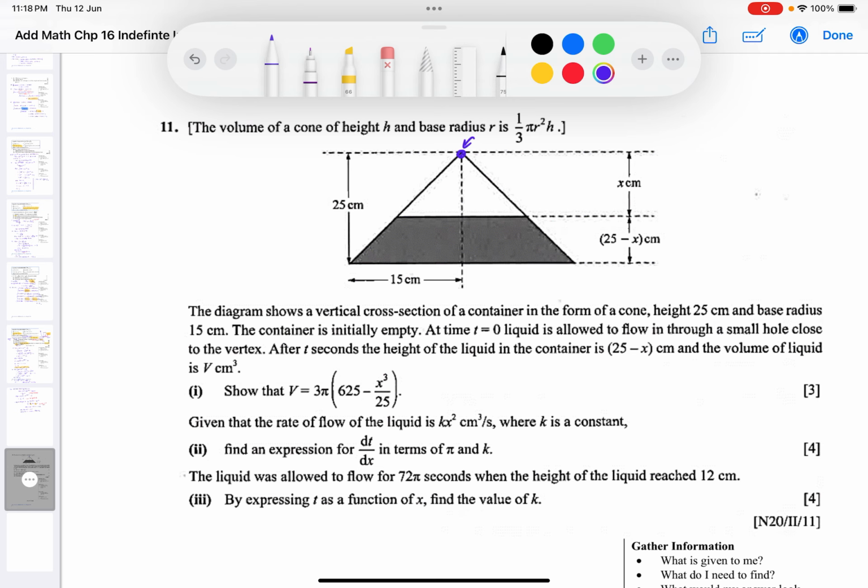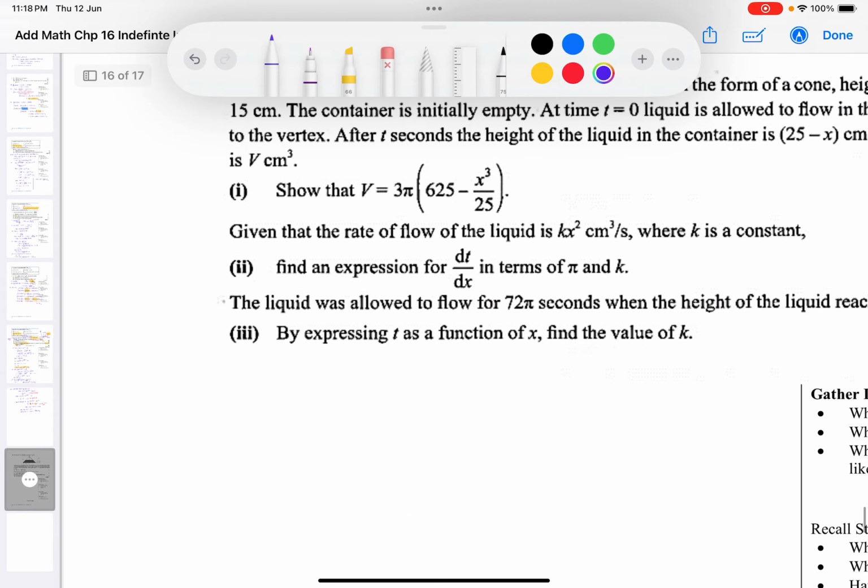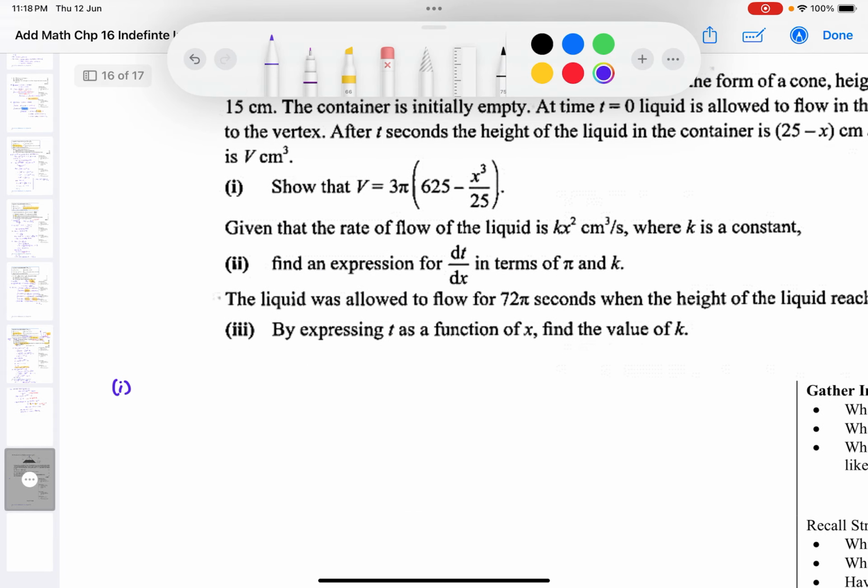So you don't really have a formula to find the volume of the water directly, but you know the volume of the water is given by the volume of the cone minus the empty space on top. So that is the concept that you have to use. Volume of water given by V is equals to volume of cone minus volume of empty space.